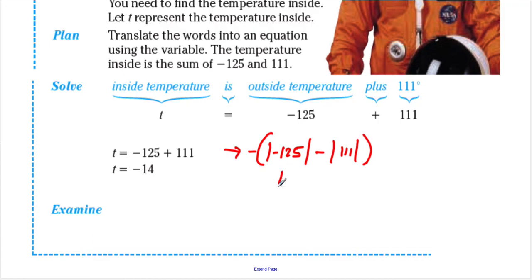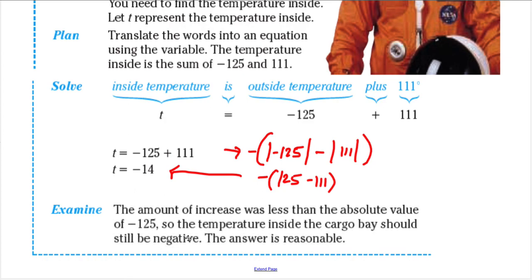So this is now 125 minus 111, with the negative sign, and you end up with negative 14. Finally, checking our answer: the amount of increase was less than the absolute value of negative 125, so the temperature inside the cargo bay should still be negative. Okay, the answer is reasonable.